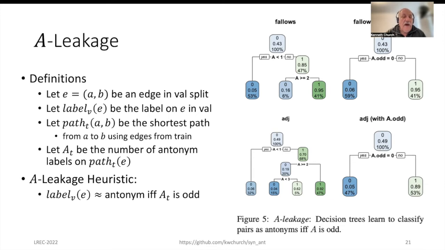And then we have a path that's defined on the training set from A to B. And we're going to then say that A sub T is the number of antonym labels on path sub T. And now the heuristic is that the label sub V, the label in the validation set, is predictable from the parity of A sub T. We use decision trees to try to test this heuristic. And in fact, the decision trees even discover this heuristic and even show how good it is.